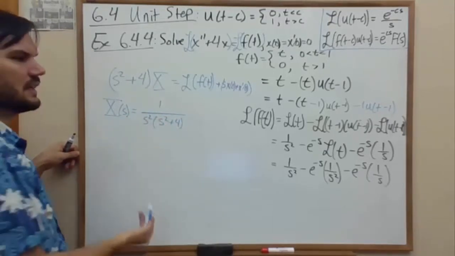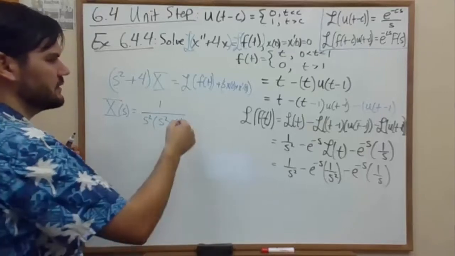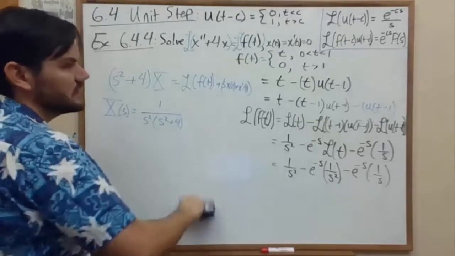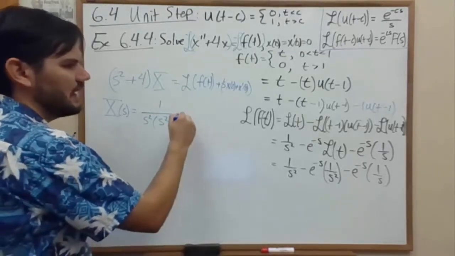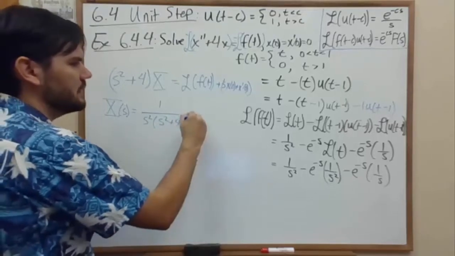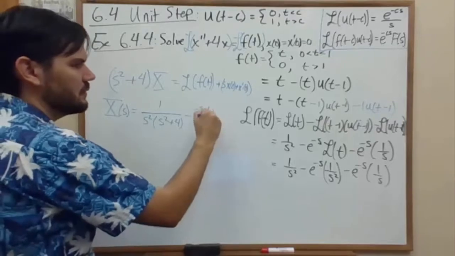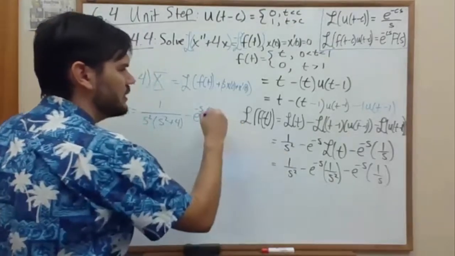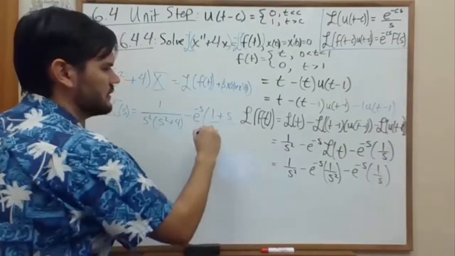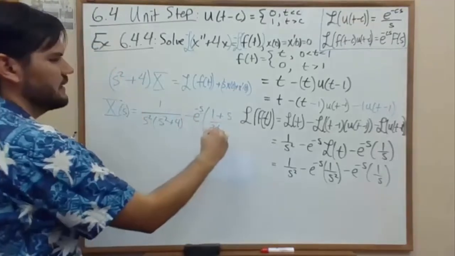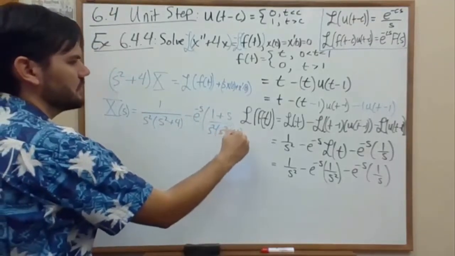That's the piece that is starting out before the activation, or deactivation if you want to think of it that way. And then we have minus e to the negative s times 1 over s squared plus s over s squared, and then we multiply by s squared plus 4.